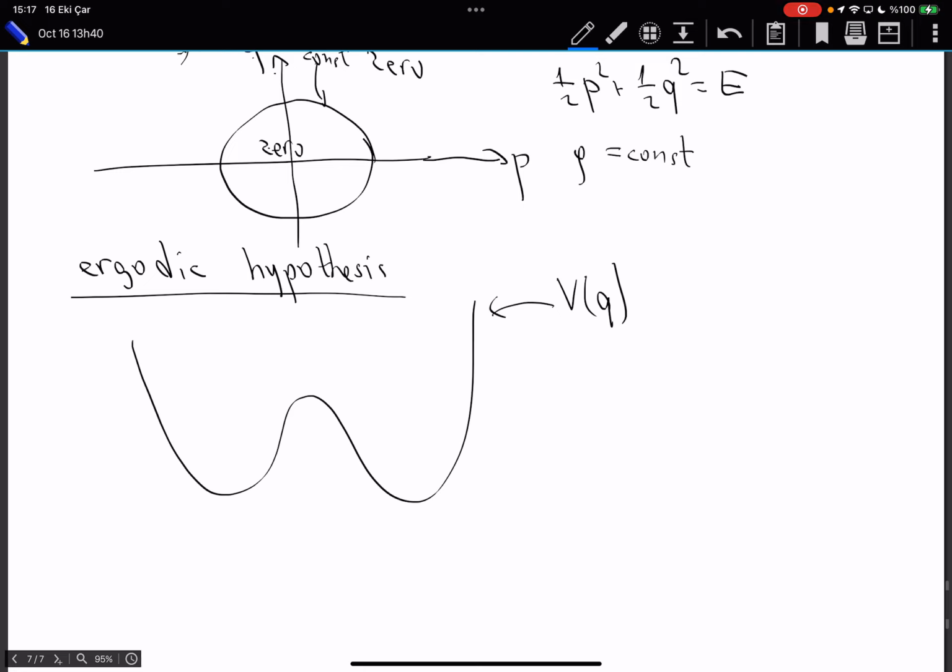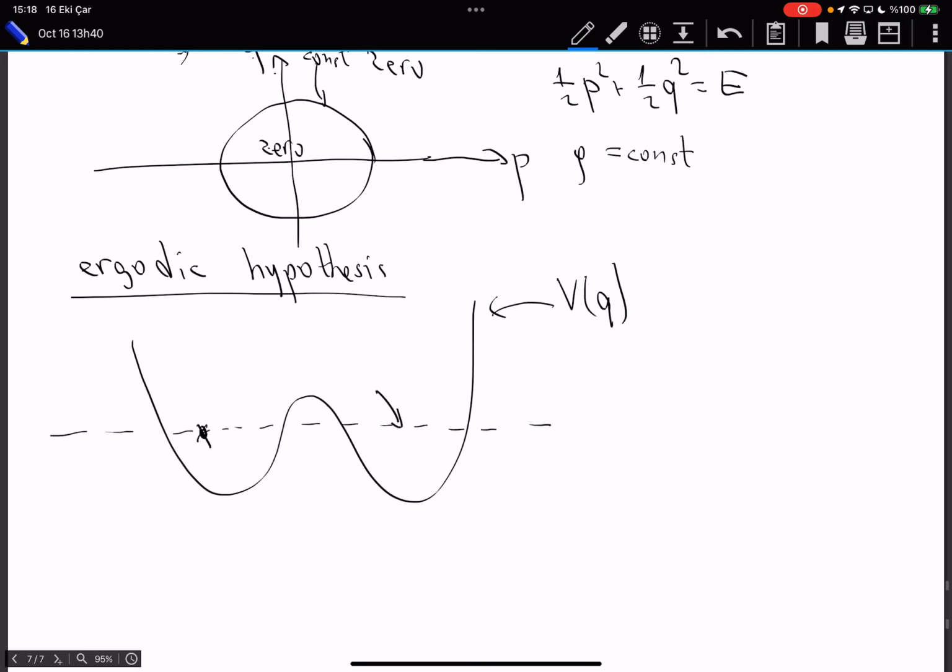And let's say that my energy is over here. Well, if my energy is over there, and if initially my system is somewhere over here, my system will never travel through all the available phase space consistent with the energy constraint. You see, this particle will never go to this point over there.